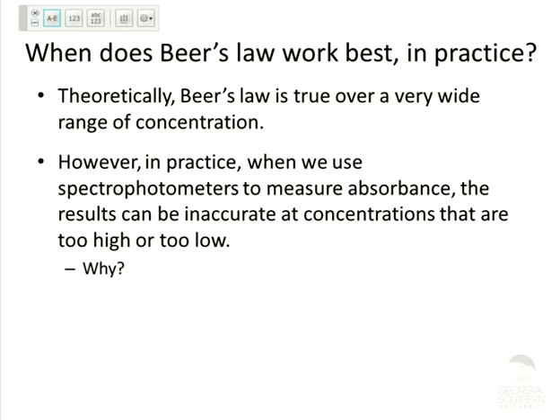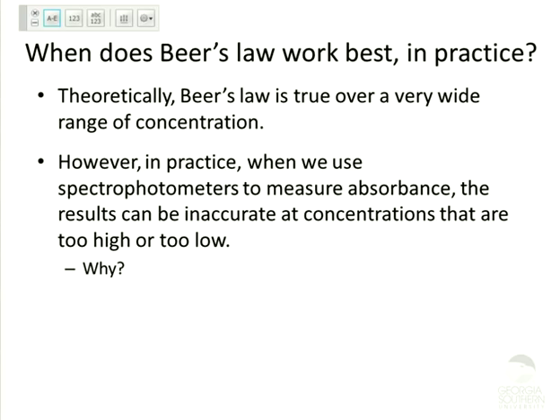Beer's law is based on intensities: P over P naught, and absorbance equals the negative log of that. So for Beer's law to work well, you have to get good values for these measurements. One of the problems is if absorbance is too low.